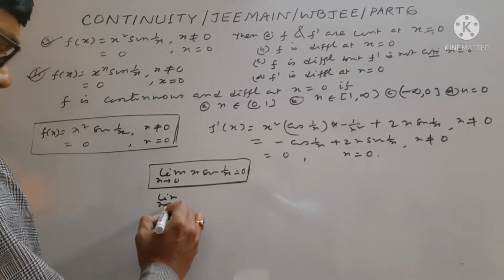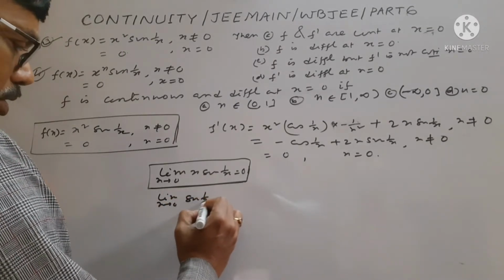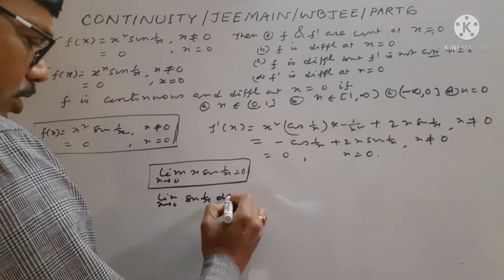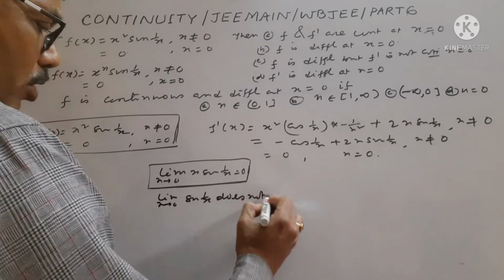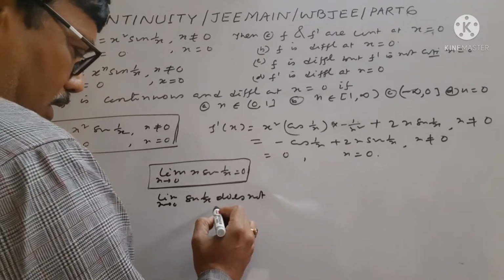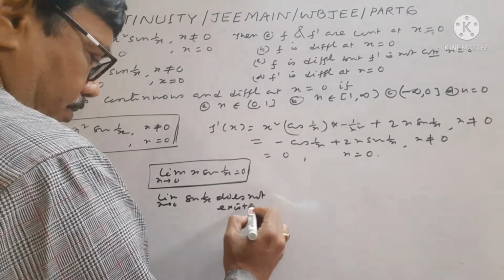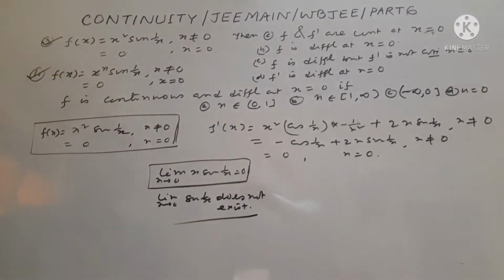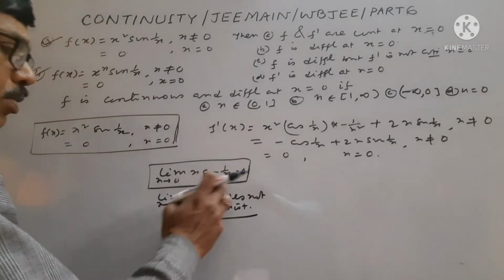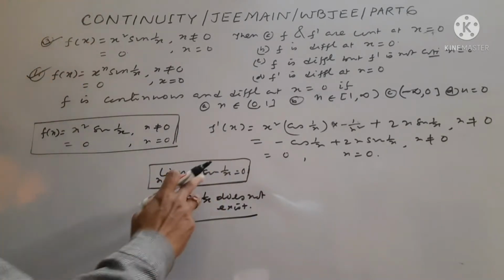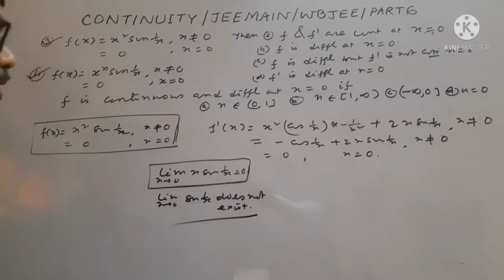And limit x tends to 0 of sin(1/x) does not exist. Cos(1/x), the same result, does not exist. So if it is x sin(1/x), then the limiting value is 0.